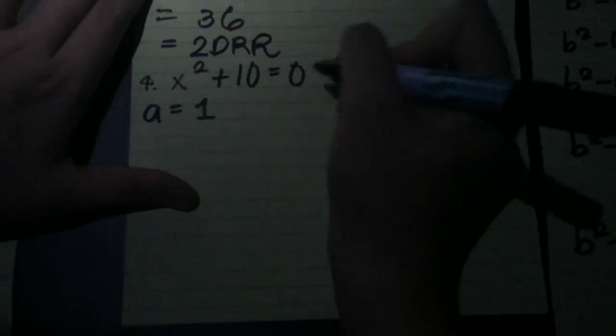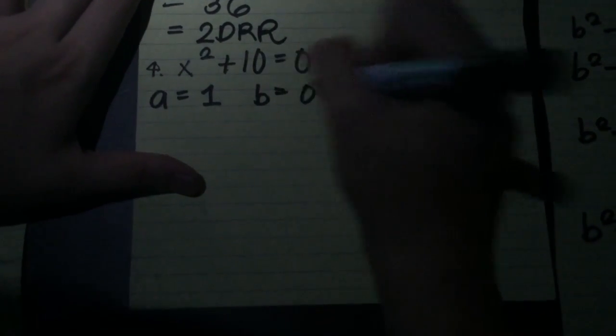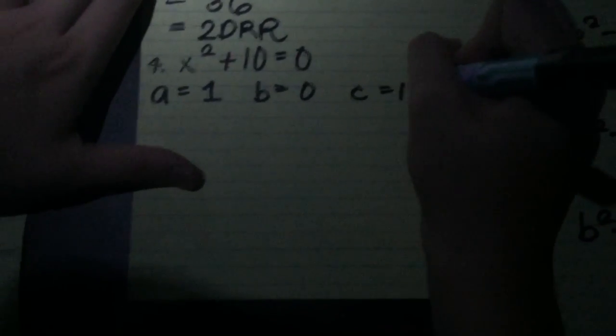Number 4 is x squared plus 10 equals 0. So a is 1, b is 0, and c is 10.